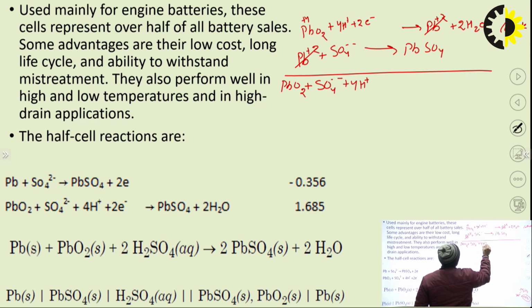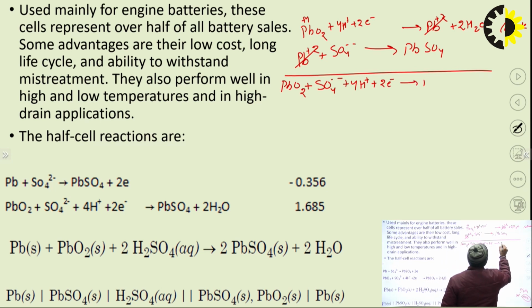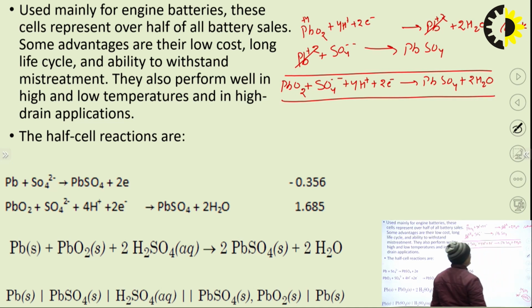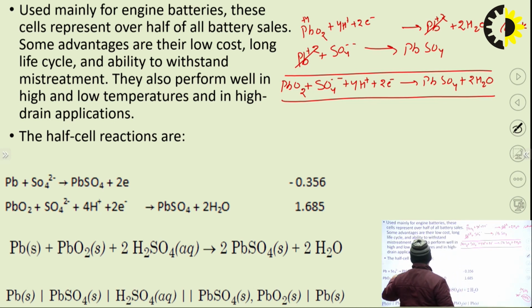4H ion plus 2 electrons, and it will form PbSO4 plus 2H2O. This is the reaction which is going on at the cathode. And what reaction is going on at the anode?